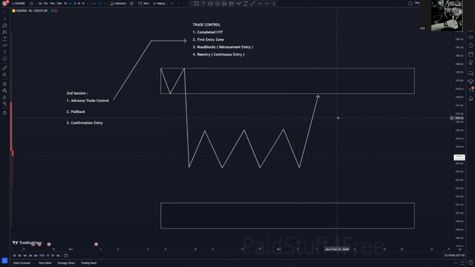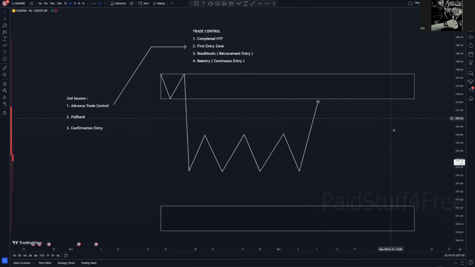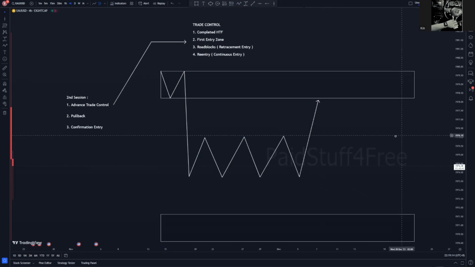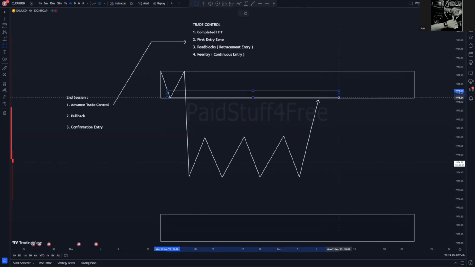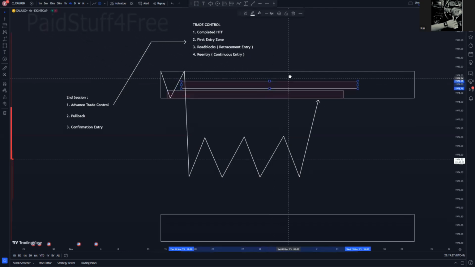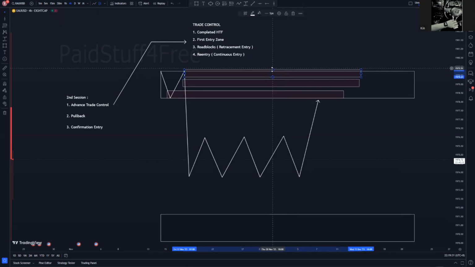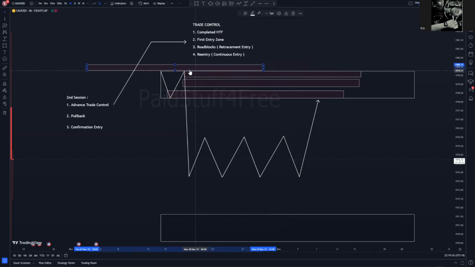Before the price gets into the zone, of course, we're going to have a few sell zones, a few first entry zones, right? So we're just going to mark like this. The first one, the first entry zone, the second one, the first entry zone, the third one, the first entry zone, and maybe we have the fourth one, the first entry zone.